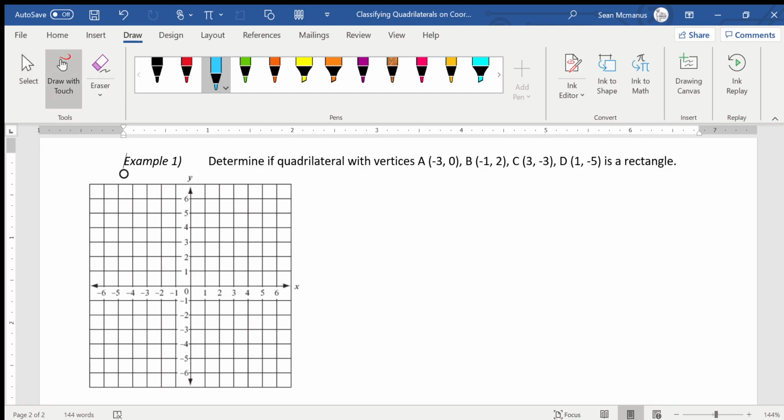So we have, determine if the quadrilateral with these vertices is a rectangle. So we're going to plot the points.